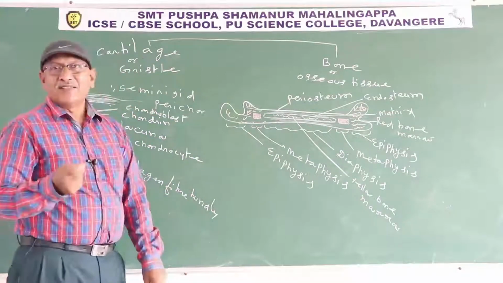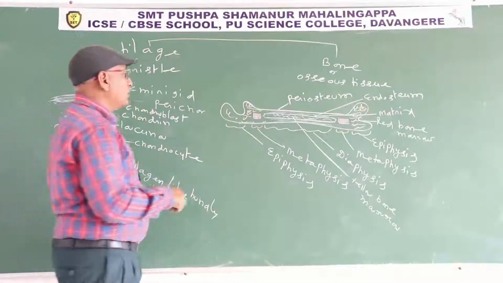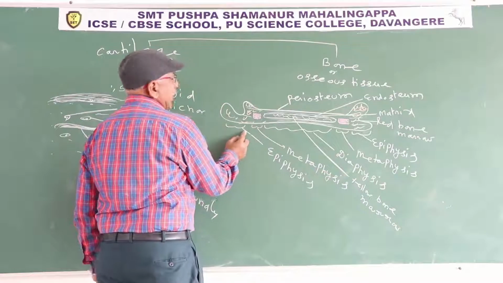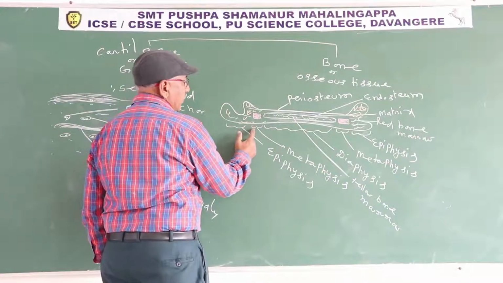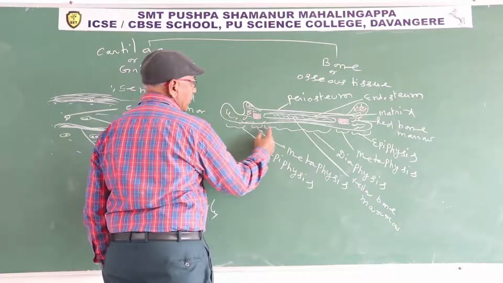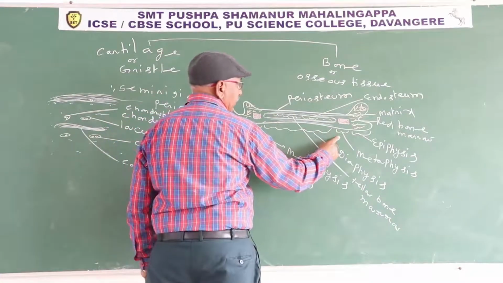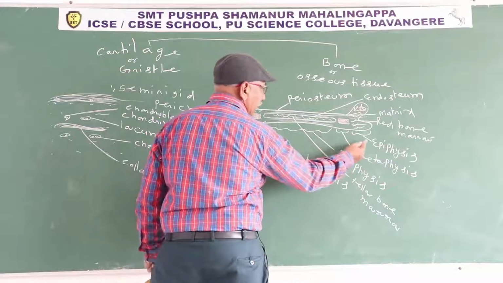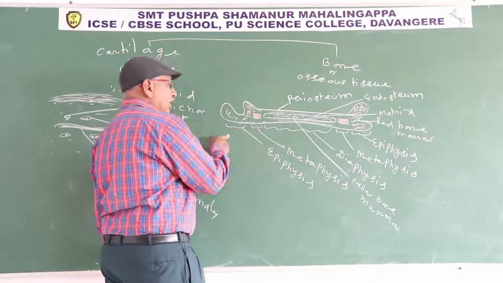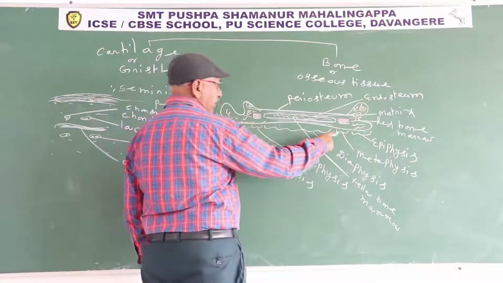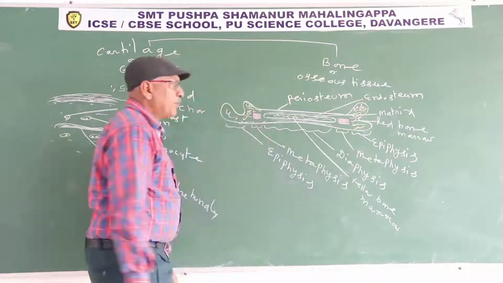Long bone in children has 5 parts. The end of the bone is epiphysis, next to epiphysis is metaphysis, and the middle part of the bone is diaphysis. The 5 parts are epiphysis, metaphysis, diaphysis, metaphysis and epiphysis.